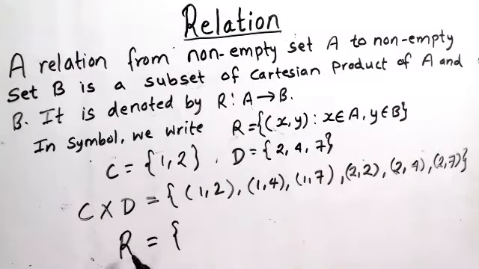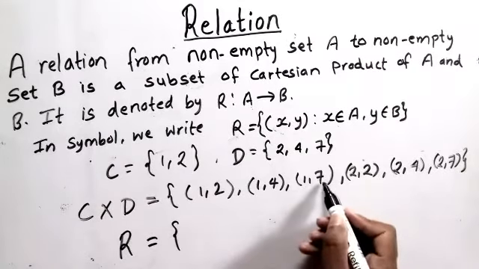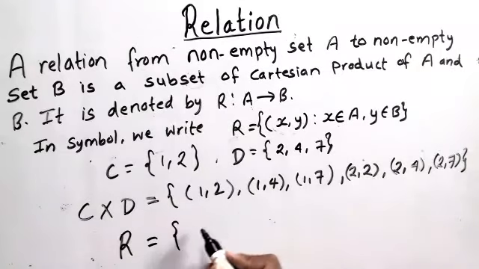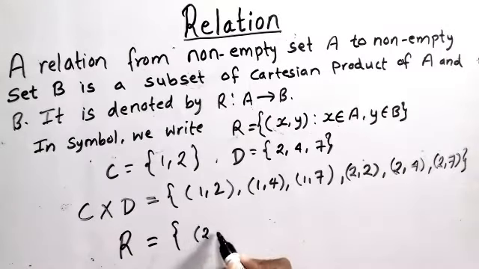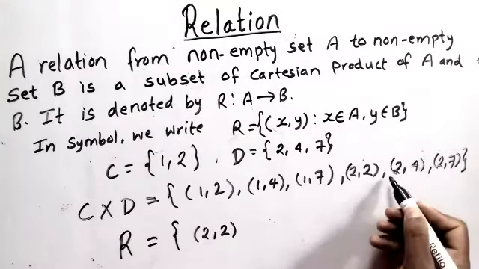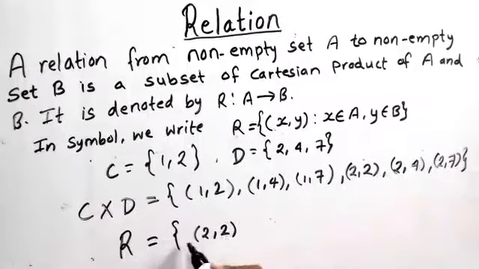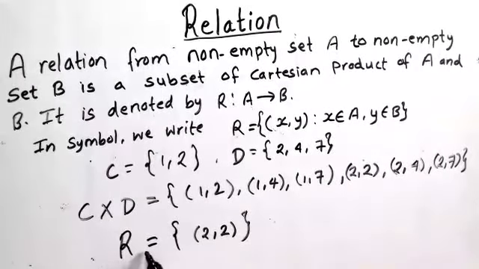No, so this will also not be an element of this relation. Is 1 equal to 7? This is also not equal. Is 2 equal to 2? Yes, so this (2, 2) is an element. The others are also not equal, so only this is the element of this relation, where x is equal to y. In this way we have learned about the meaning of a relation.